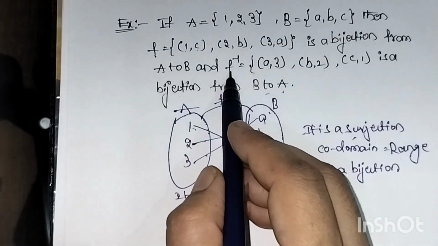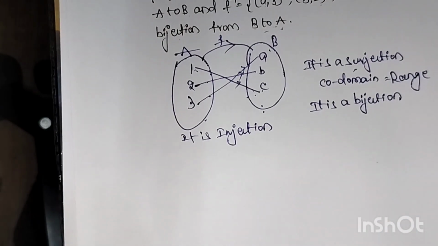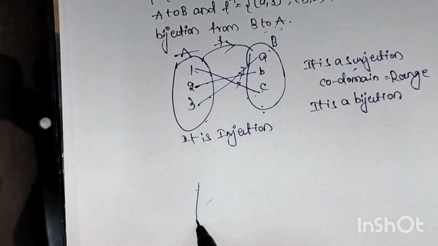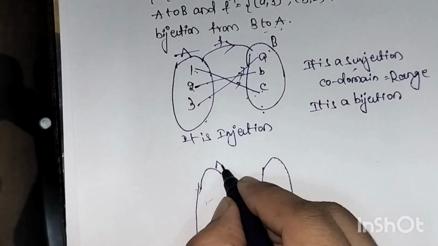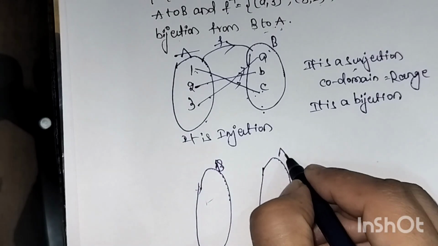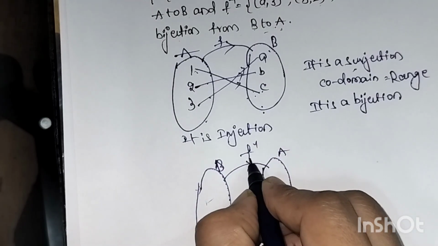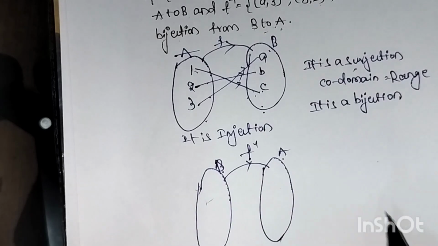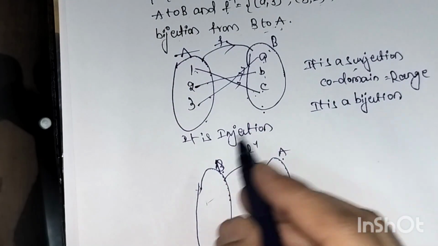Next, f inverse from B to A. Take two sets. This is set B, this is set A. F inverse is a function from B to A. Set B elements are a, b, c.